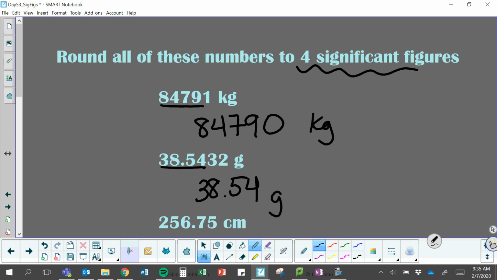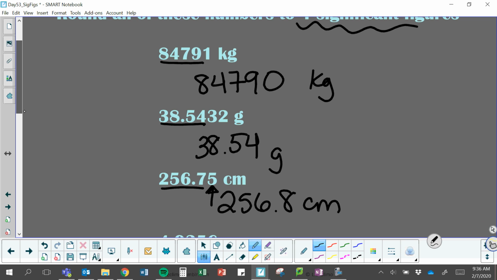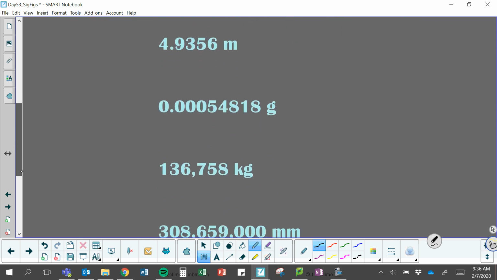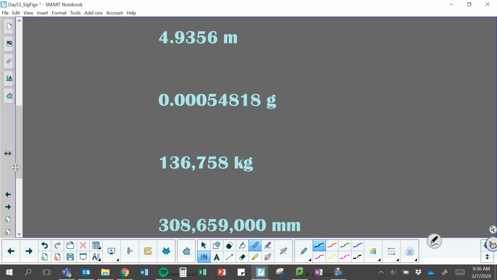And then this next one, 4 decimal places, I'm going to say it is this, because this 5 makes it round up. Okay, so try these next 4.